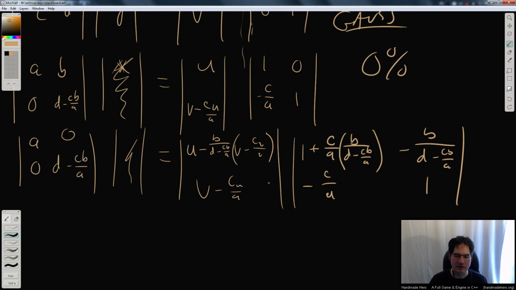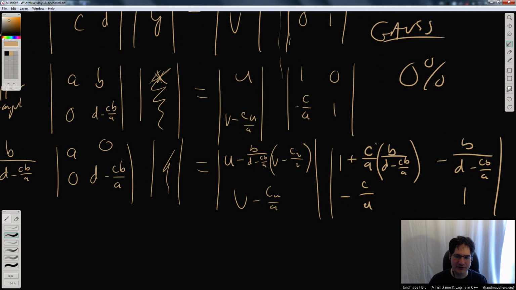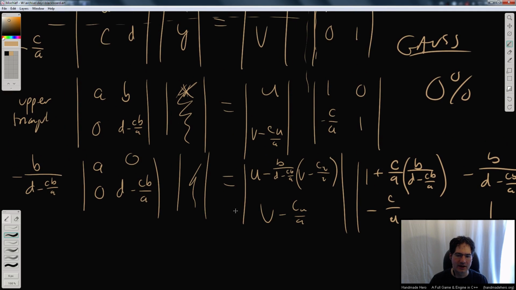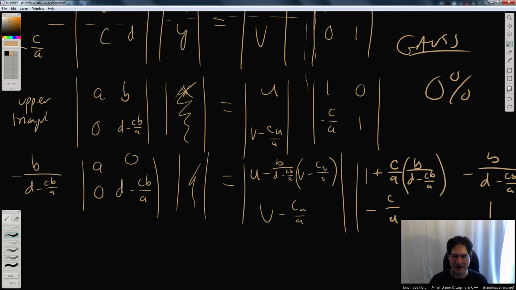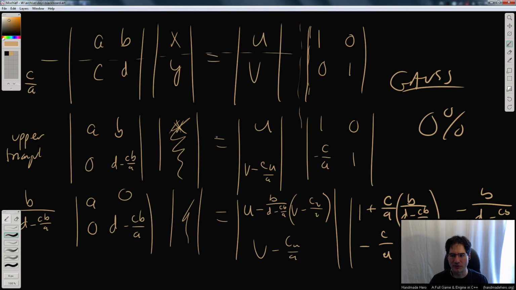Now, what we would probably want to do is actually do the divide out, finish it here, and just bake it down so that we don't have to even worry about actually solving this ever, right? Because we would just be wanting to produce inverse matrices. But I kind of wanted to show you how it works through for Gaussian elimination anyway.